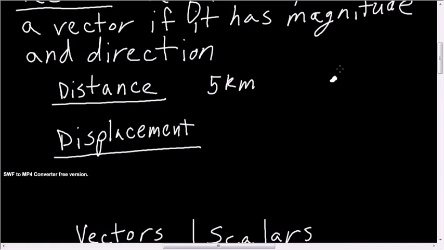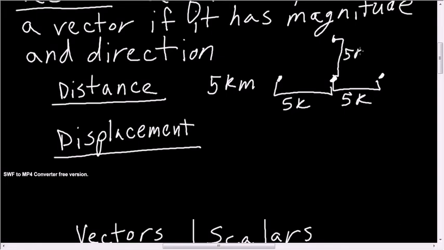So if downtown is here and I'm 5 kilometers away, I could be over here. That would be 5 kilometers away. I could be over here. That could be 5 kilometers away. I could be over here. That would also be 5 kilometers away. Right?